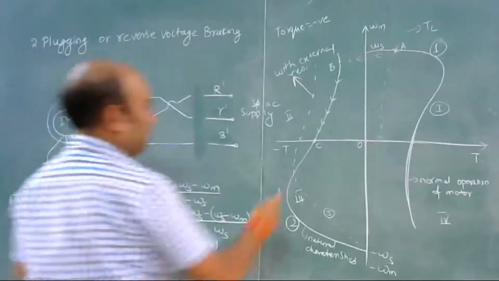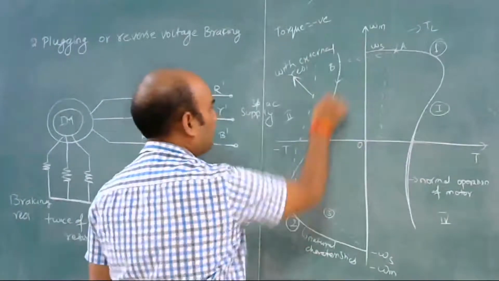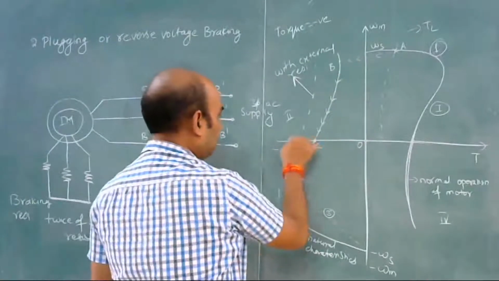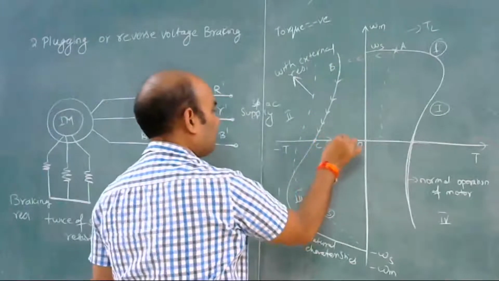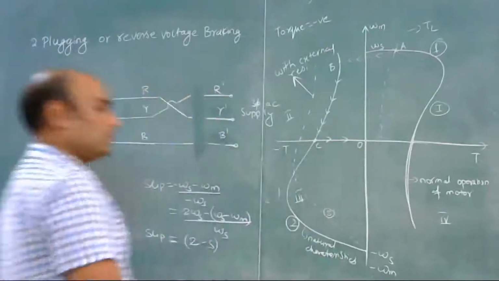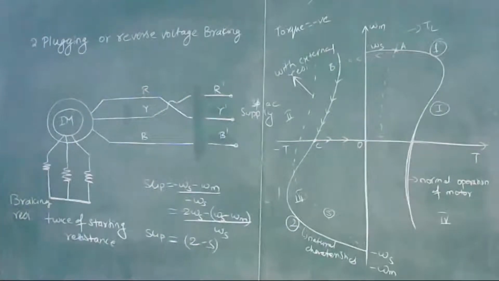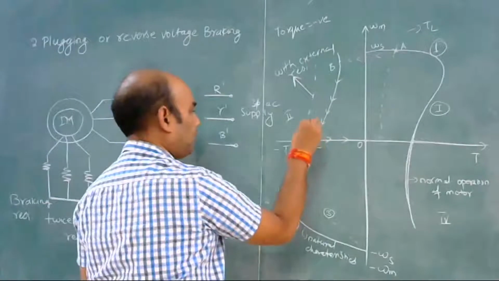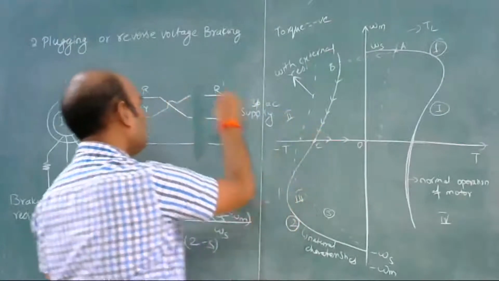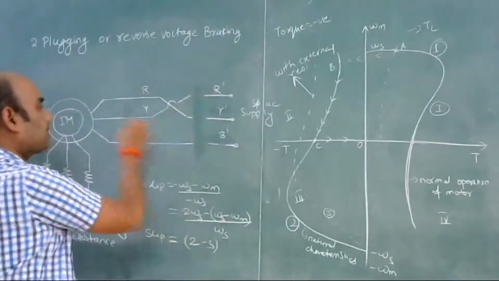If we disconnect the supply, the speed of the motor is 0, and the torque will also reduce to 0. So in order to stop the motor at point C, we have to disconnect it.